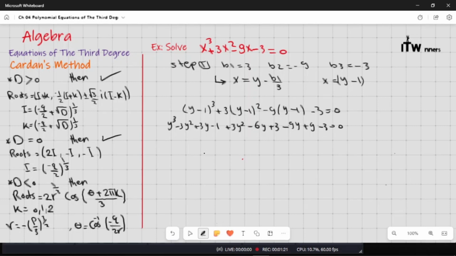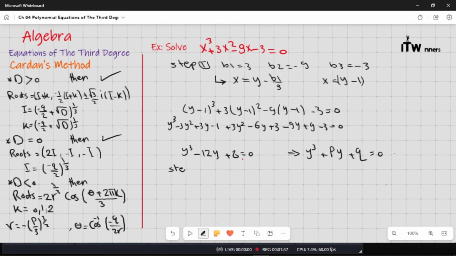So we obtain here y cubed minus 12y plus 8 equal to 0. So we get an equation in this form, y cubed plus py plus q equal to 0.